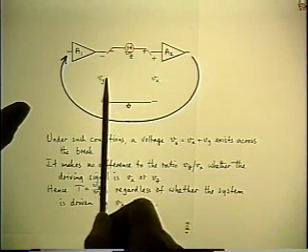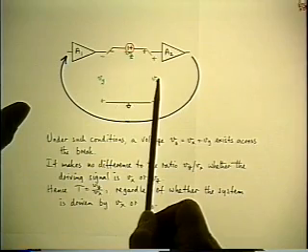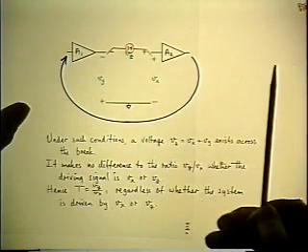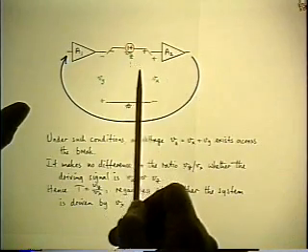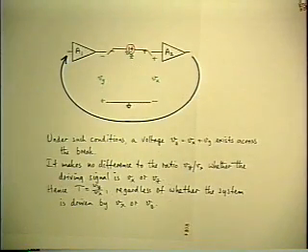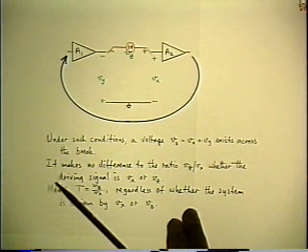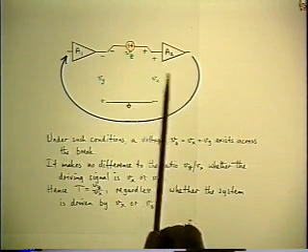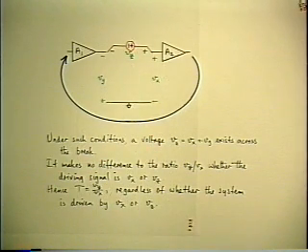And again, you measure Vy over Vx, and you get the same answer, which is what you're looking for, but you've totally bypassed the problem of breaking the loop. Now, I used those numbers, 1, 10, and 11, just to make a concrete example, but of course, the absolute value doesn't matter. It's only the ratios that matter.